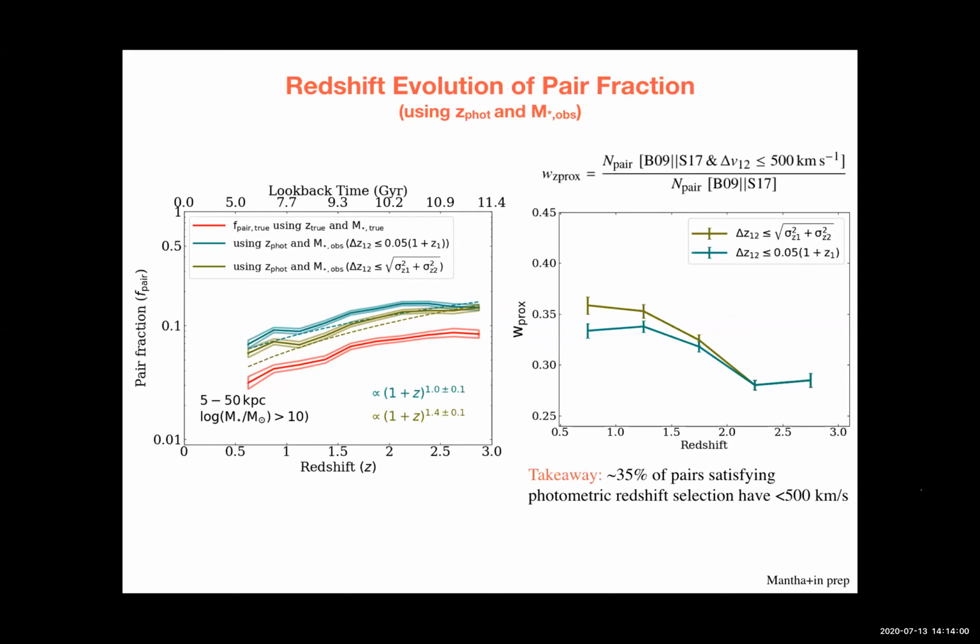And when you incorporate observational effects, you see two different lines there. One is in olive and the other one is in cyan. For two different redshift proximity selections in the literature, the olive green line corresponds to Kevin Bundy's 2009 selection criteria, which uses the photometric redshift uncertainties of both the host and companion galaxies, whereas the cyan line is by Greg Snyder in 2017 in his illustrious closed pairs paper.